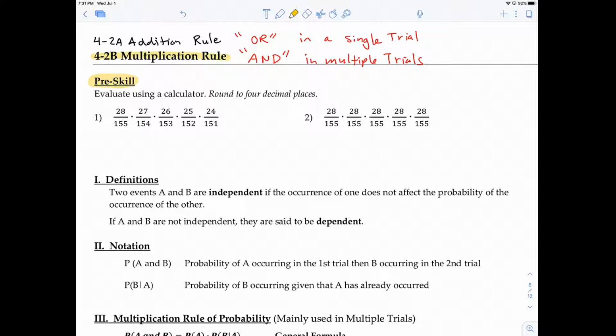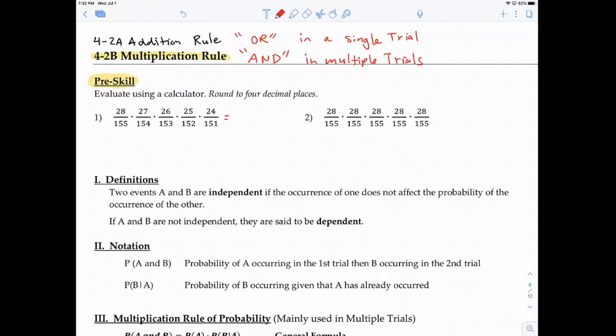We multiply the numerators with the numerators, and that's the new numerator, or the answer for the numerator of the fraction. And then we multiply straight across the denominators, and that's the product of the denominators.